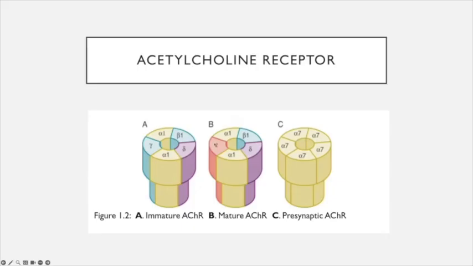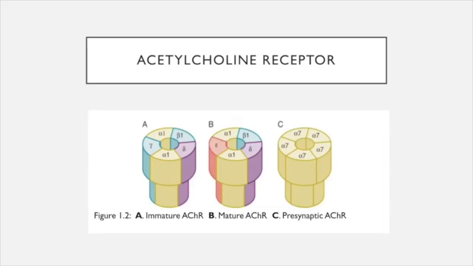When succinylcholine binds to a mature acetylcholine receptor, the same process kind of occurs. Sodium moves in, potassium moves out, but we often expect in a normal individual a rise in potassium of about 0.5 to 1 millimole per liter. But with immature acetylcholine receptors, this could be much higher. Large amounts of potassium can be released, which can lead to a fatal amount of potassium, which is hyperkalemia, and a possible cardiac arrest.